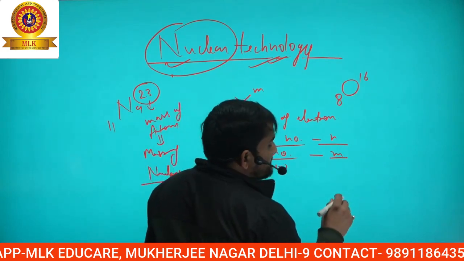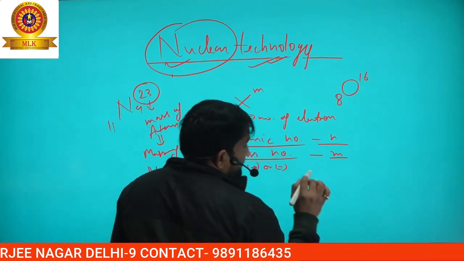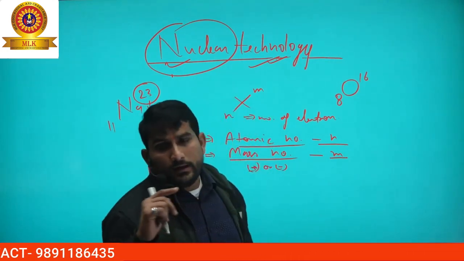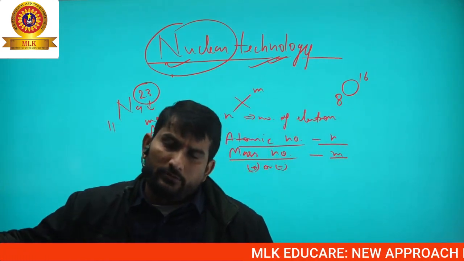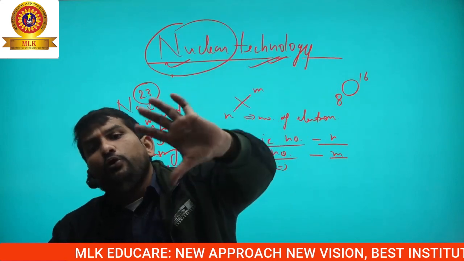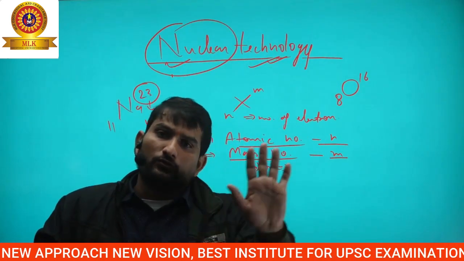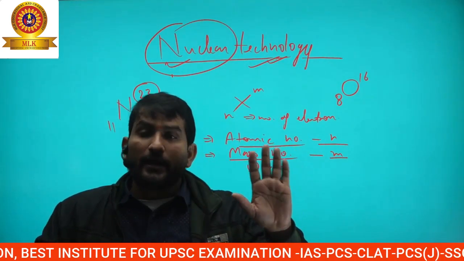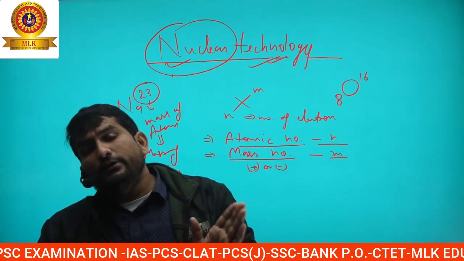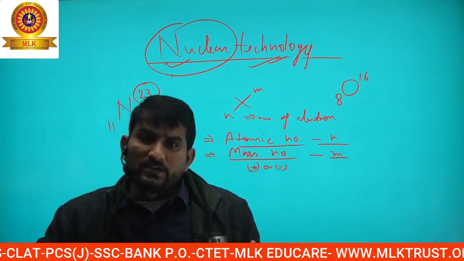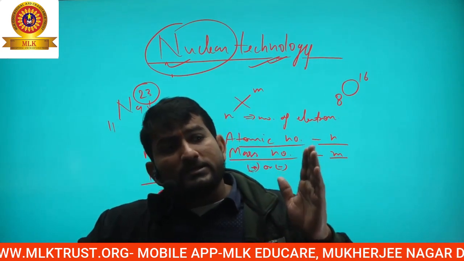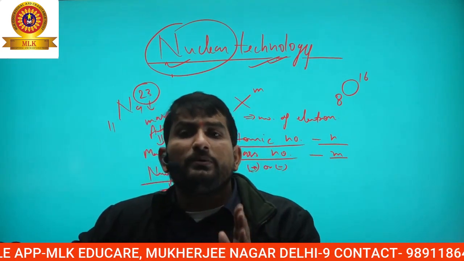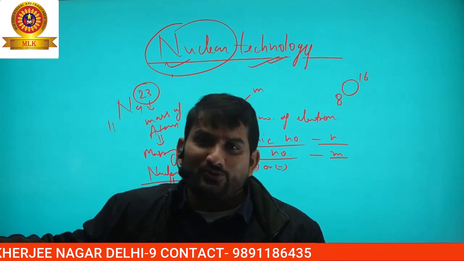And why is this neutral? Because the number of protons is equal to the number of electrons. Why will they be equal? Because we know that the electron has a negative charge and the proton has a positive charge. So when plus and minus are equal, the charge will be neutral.